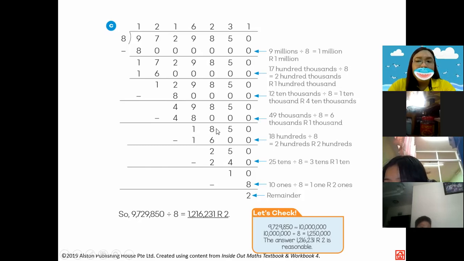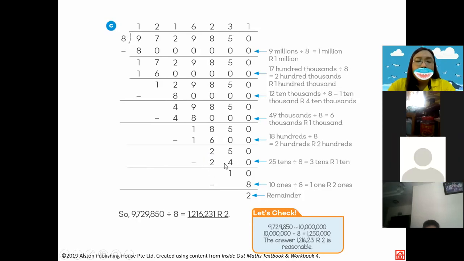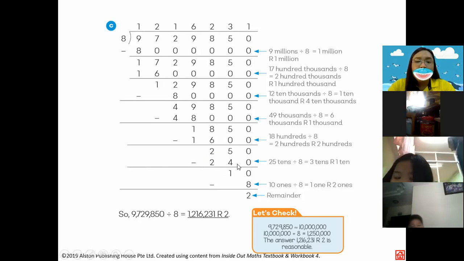So we have 18. 18 divided by 8, that's 2. 2 multiplied by 8, that's 16. 18 minus 16 equals 2. Bring down 5. 25 divided by 8, that's 3. And then 3 multiplied by 8, that's 24. 25 minus 24 is equal to 1.